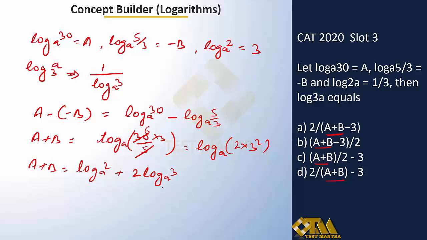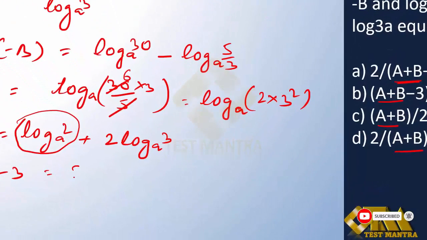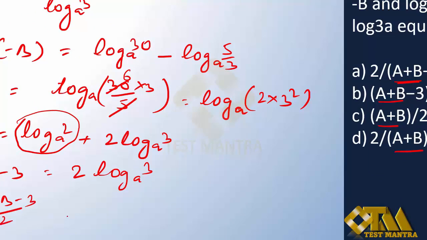So here, if we take this part, I know this part is equal to 3, so I'll shift the value to this side. I can say a plus b minus 3 should be equal to twice of log 3 to the base a, which is also equal to a plus b minus 3 by 2 is equal to log 3 to the base a.